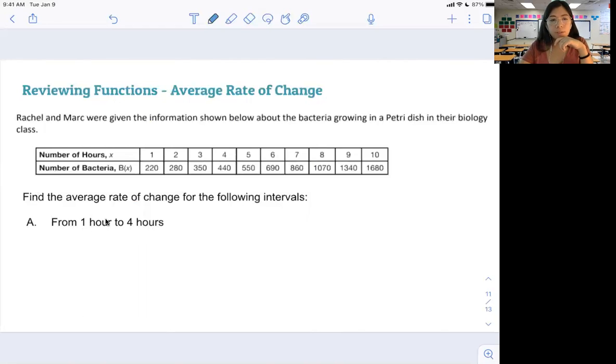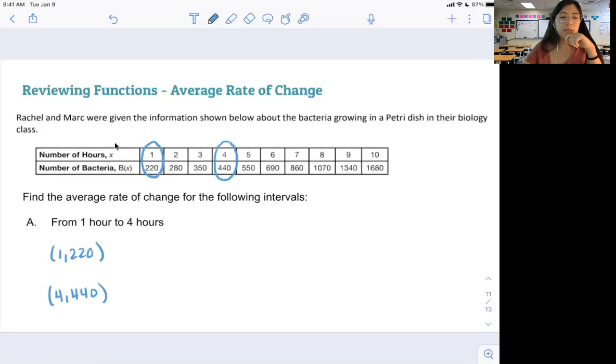I'm still going to go to the 1 hour mark and then the 4 hour mark. Now these 2 points would be (1, 220) and (4, 440). This is the X value and this is the Y value.